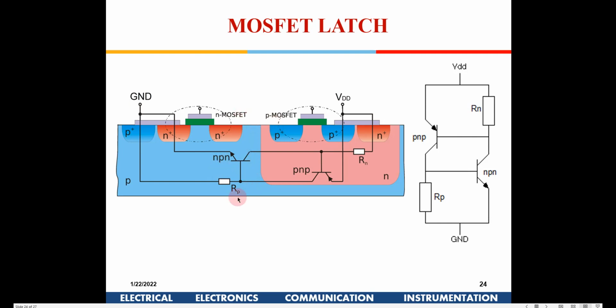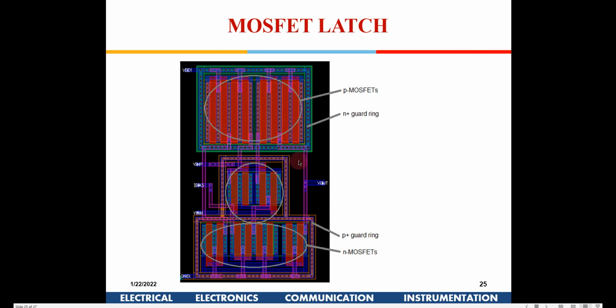So if you put a P plus ring, this BJT will become weak, so there won't be any BJT, and this latch formation can be avoided. That is the reason we put a P plus guard ring across all the NMOS devices. Similarly, an N plus guard ring across all the PMOS devices.